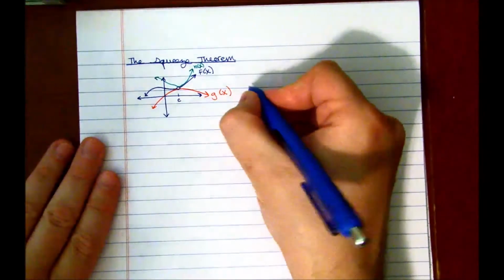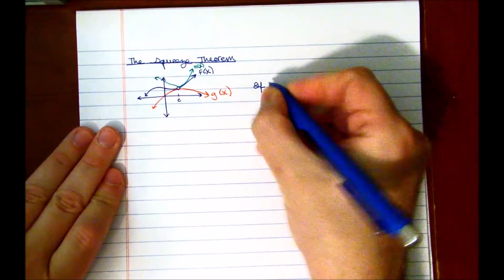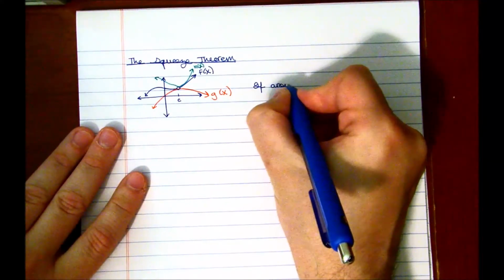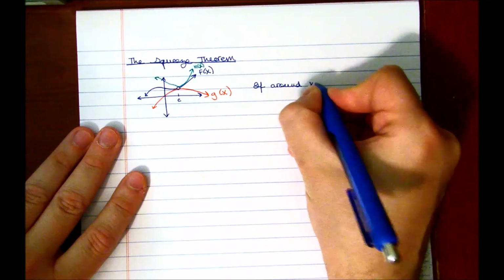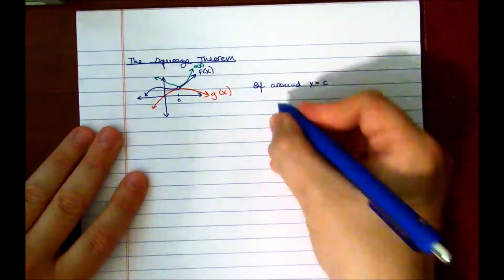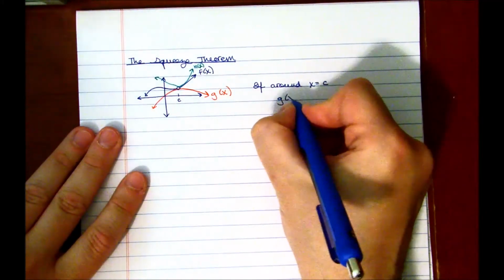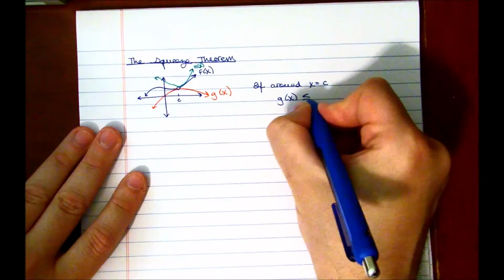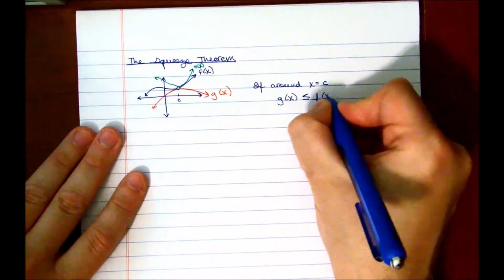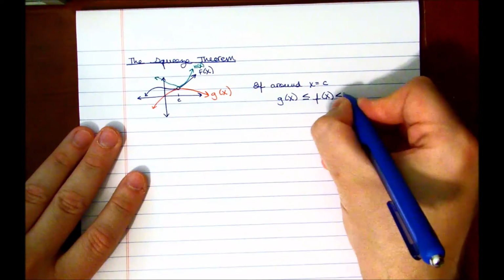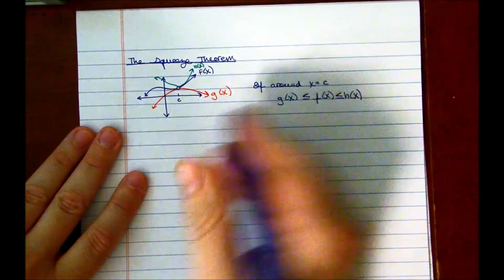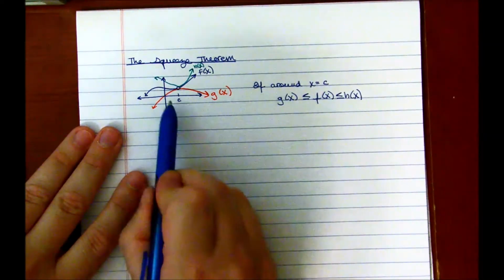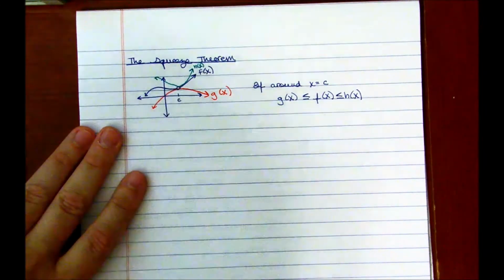Let me actually write this out and be a little bit clearer about this. First of all, if around x equals c, I have g of x less than or equal to f of x, less than or equal to h of x. So in some region right around x equals c, I know that g is on the bottom, followed by f, followed by h.